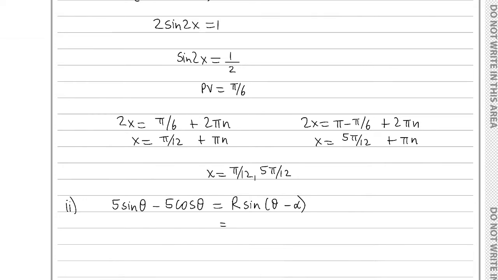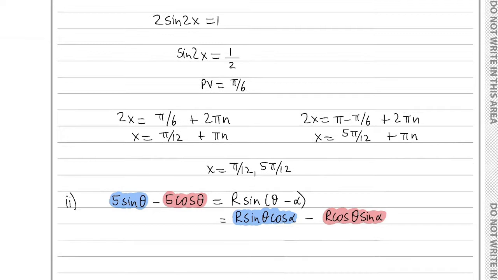If I use the expansion here, it's r sine theta cos alpha minus r cos theta sine alpha. And if we just equate the sine theta terms and then the cos theta terms, we will be able to determine the values of r and alpha.